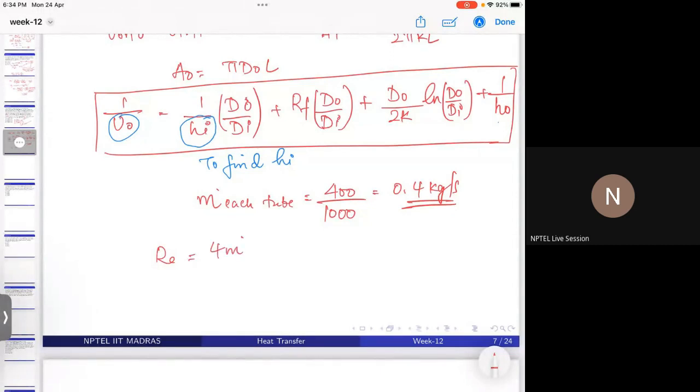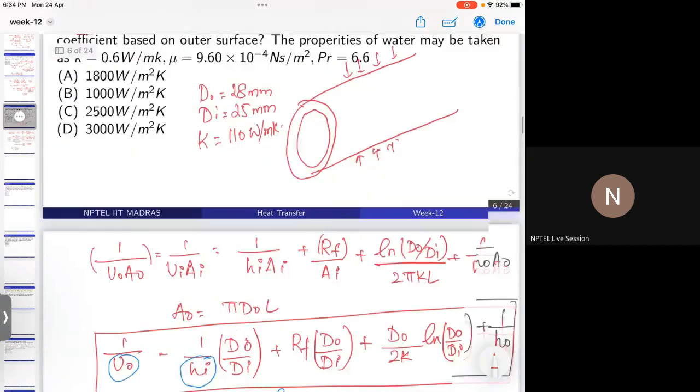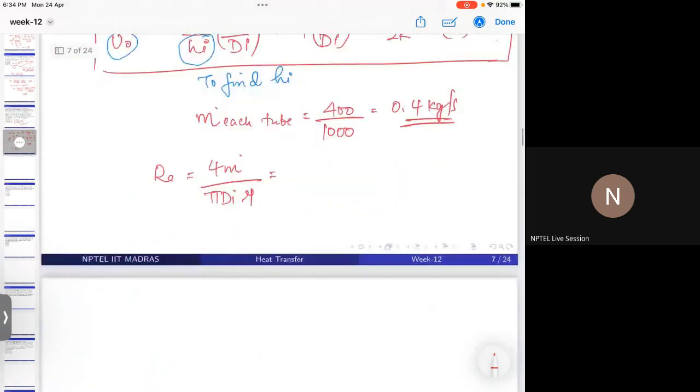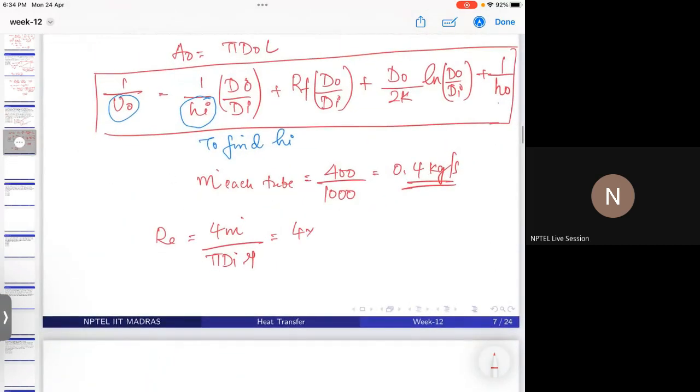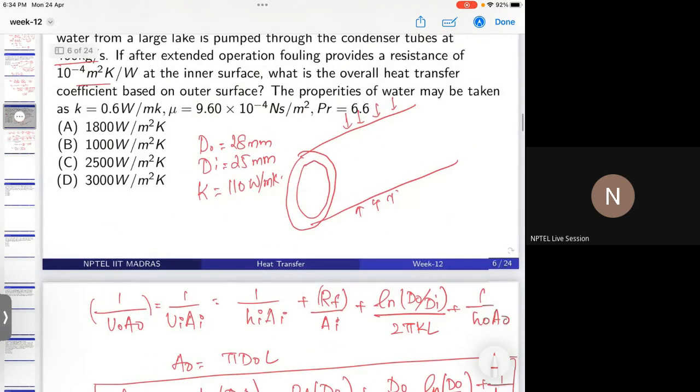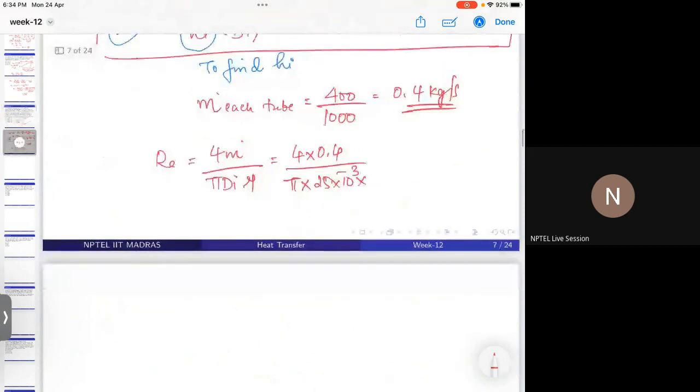It is 4 m dot divided by pi Di mu. Mu is given, so 4 into the mass flow rate 0.4, divided by pi into Di, which is 25 mm, into mu, which is 9.60 into 10 raised to minus 4. So can you please calculate the Reynolds number of the flow?